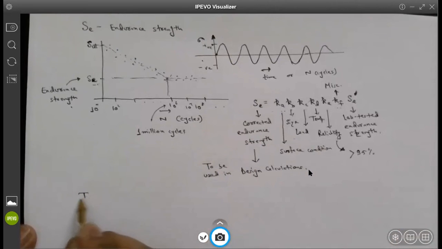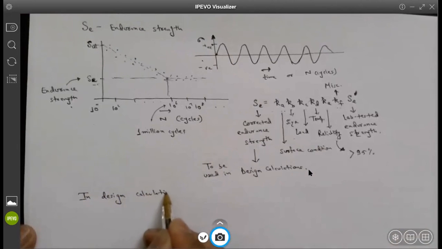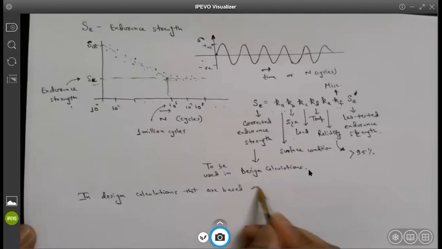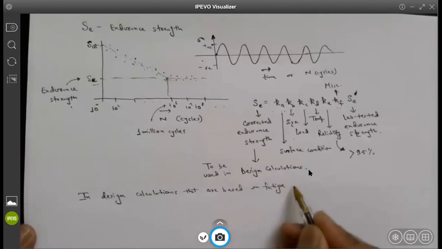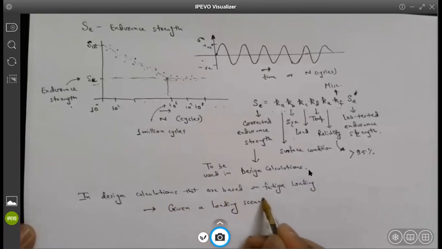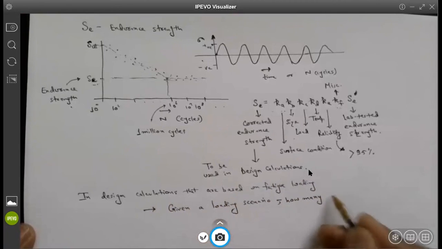So in design calculations that are based on fatigue loading, the objective is that given a stress situation, given a loading scenario, how many cycles of fatigue a component will last.